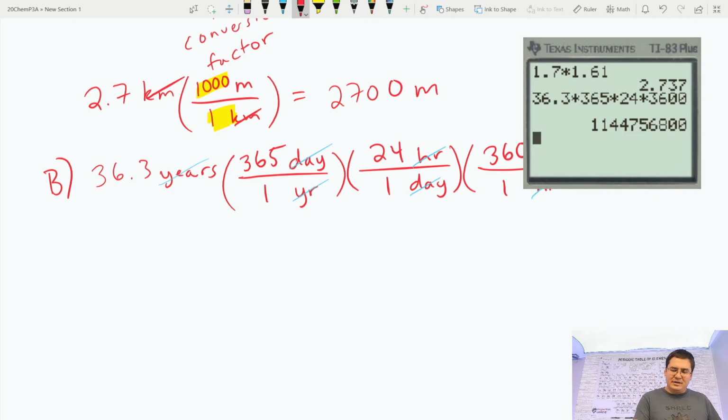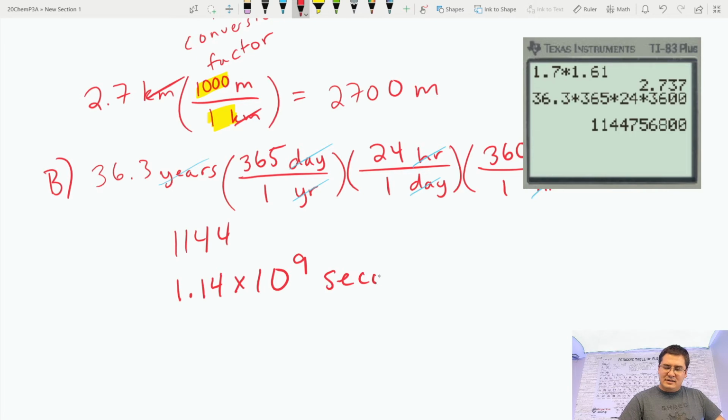Now that's a huge number. So I could write it all out, 1, 1, 4, 4, blah, blah, blah. Or, a little review, I could write that as 1.14 times 10 to the, and I need to count from the right: 1, 2, 3, 4, 5, 6, 7, 8, 9 seconds.